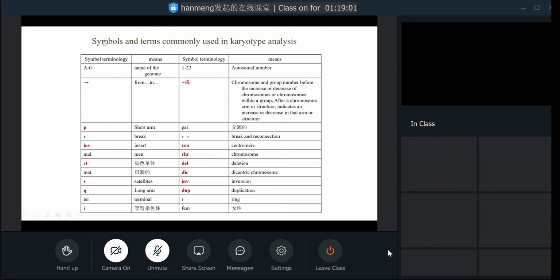Finally, you should see some symbols and terms commonly used in karyotype analysis. In our class today, we learned some knowledge of the chromosome and chromatin.